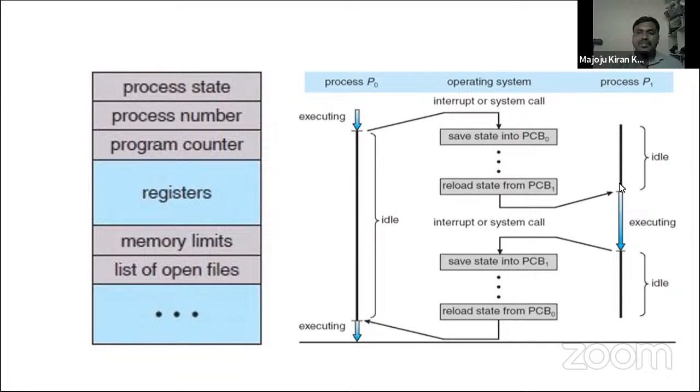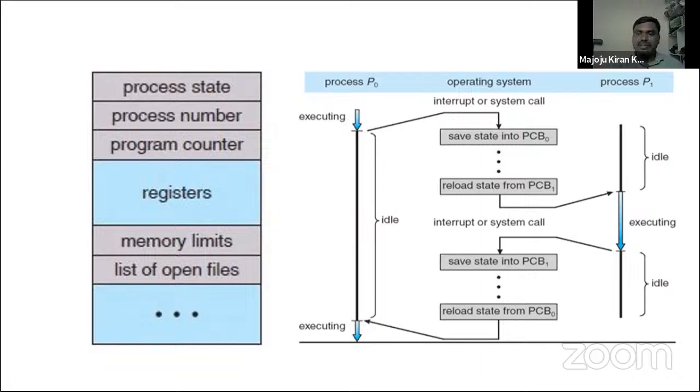Immediately the process P1 is reloaded from the PCB. That means the state is reloaded from PCB1, and it starts its execution. Just assume process P1 is also interrupted by some system call. Again, the process state must be saved into PCB1. Like that, the process has to be switched from one to another. While one process is executing, another process should wait.